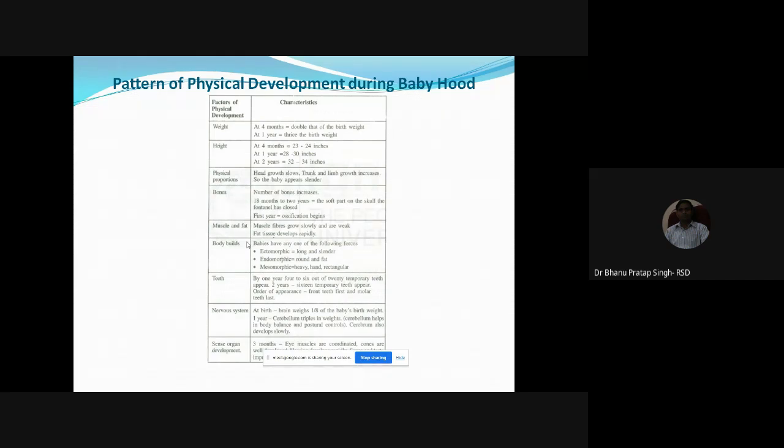And these developments have some important characteristics, like weight. If a child is 4 months old, then the weight should be double of the birth weight.